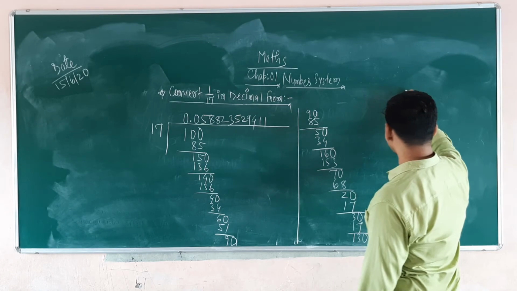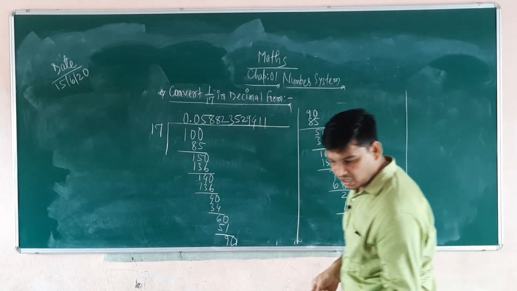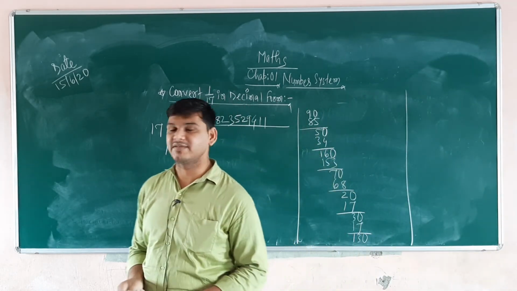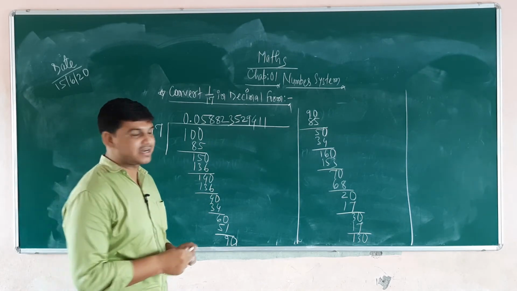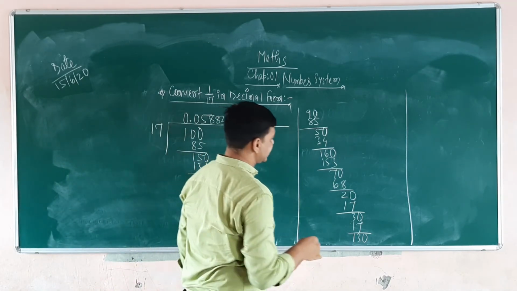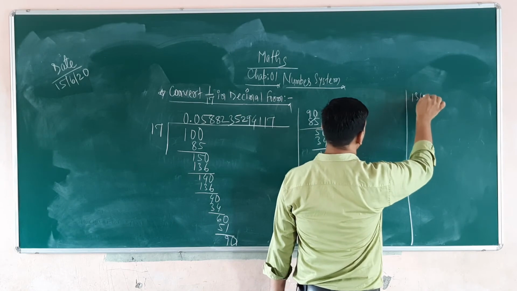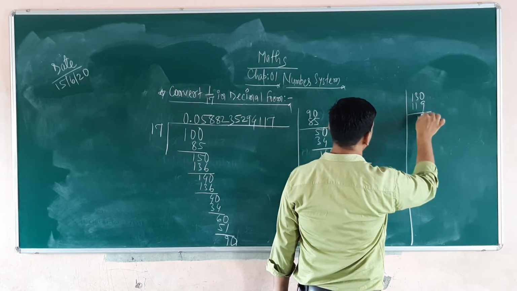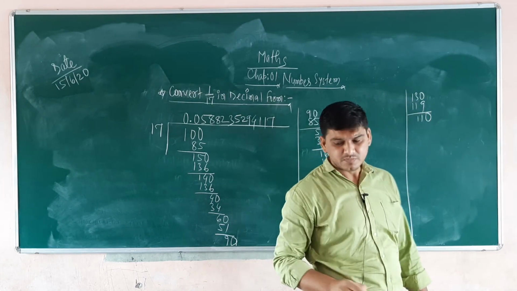Now 130, 17 sevens are 119. 130 minus 119 is 11, 110.